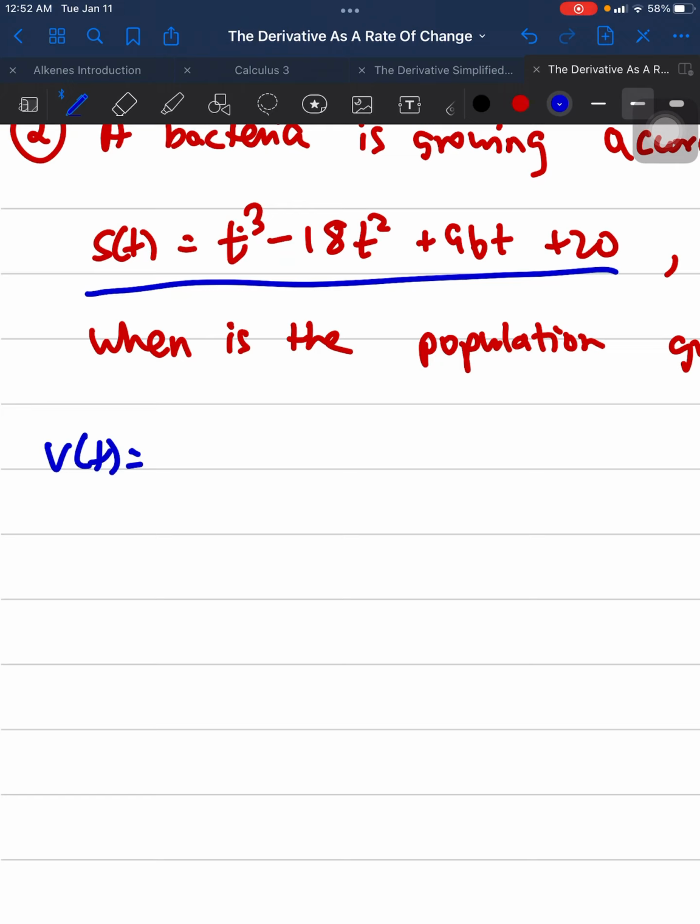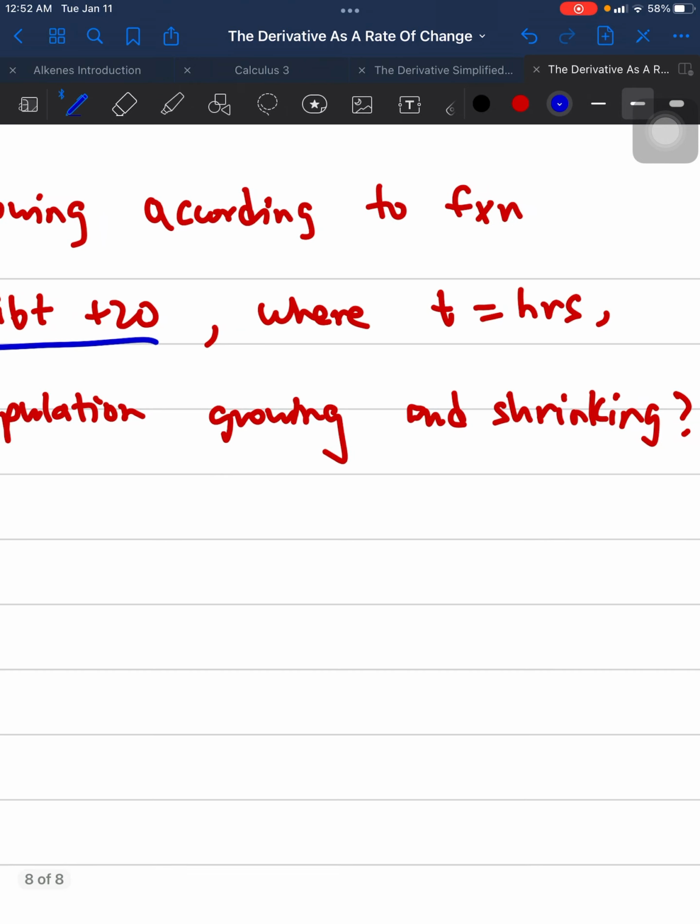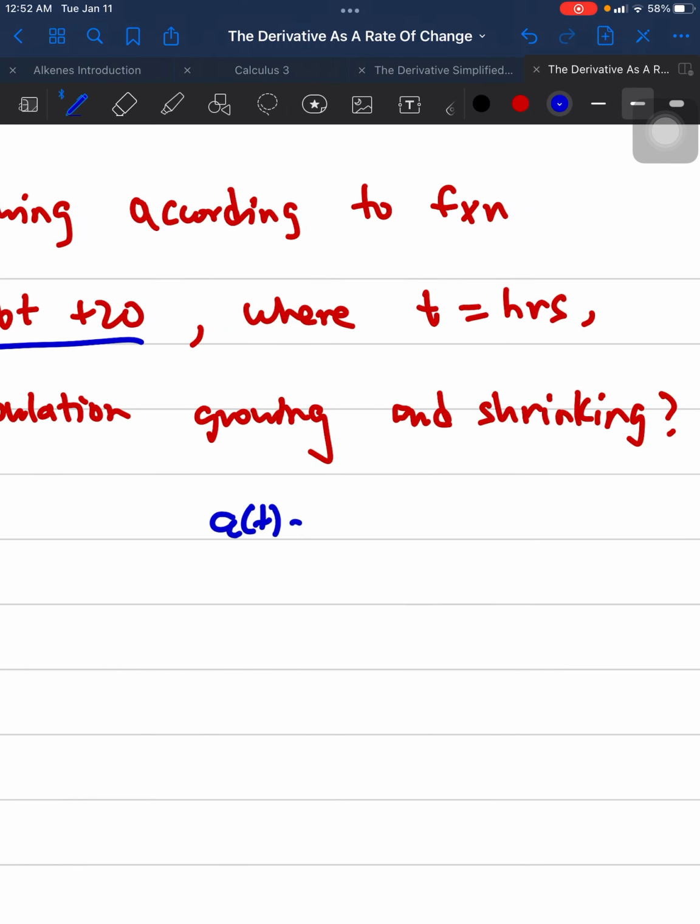The derivative of t cubed is just 3t squared. The derivative of negative 18t squared is just negative 36t. The derivative of 96t is just 96. The derivative of 20, which is a constant, is just 0, so we don't need to write that.